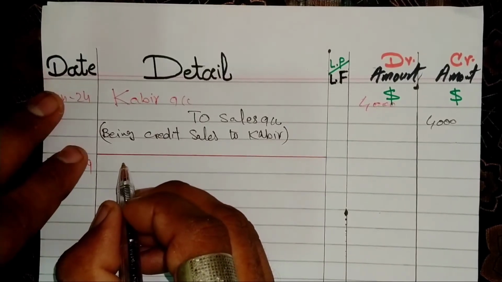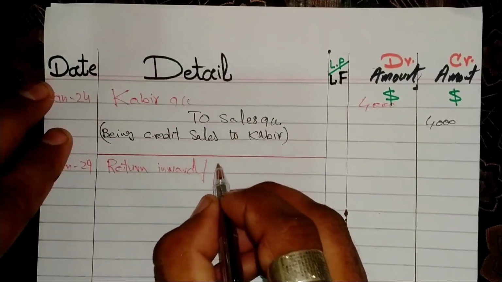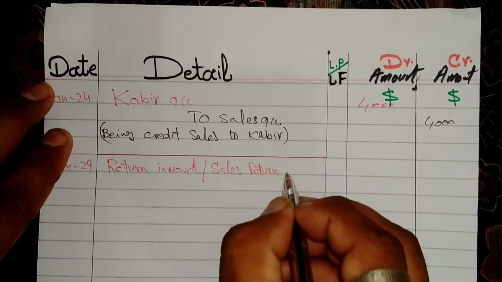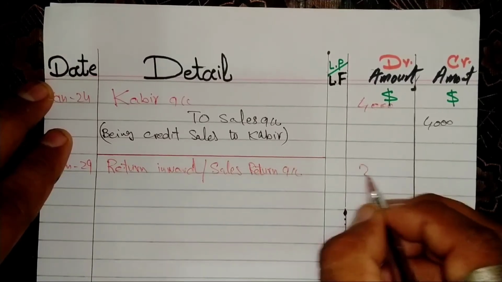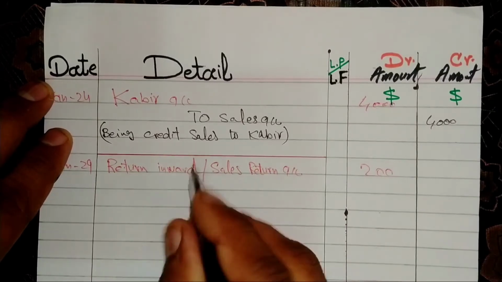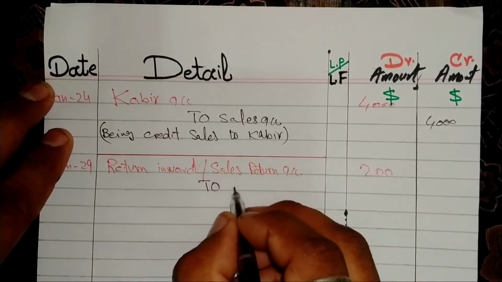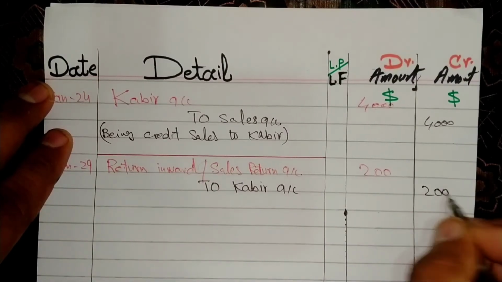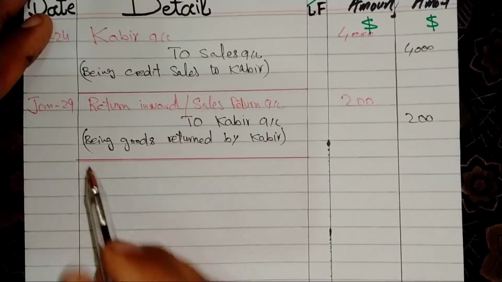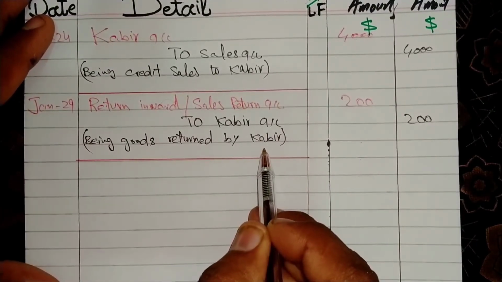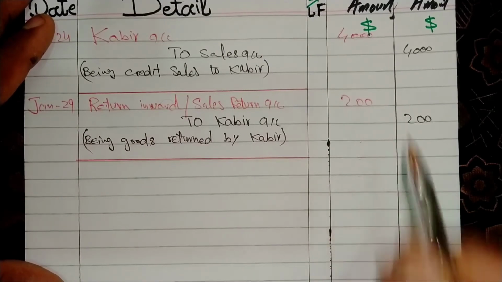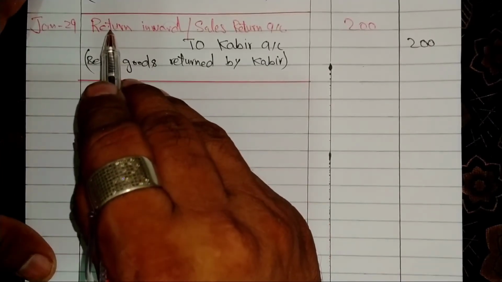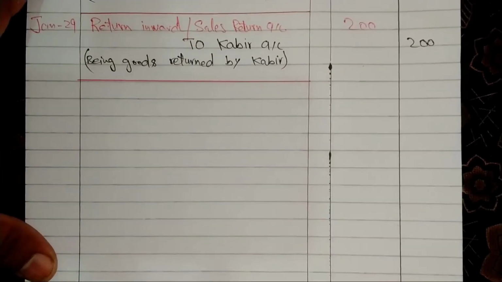So the entry will be returns inward account or sales return account debit with $200 to Kabir account credit with $200, with description, being goods returned by Kabir amounted to $200. Clear? This is the first impact of this transaction, sales returned by the customer.